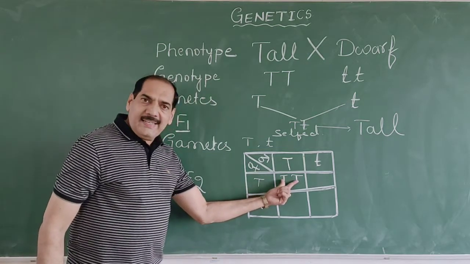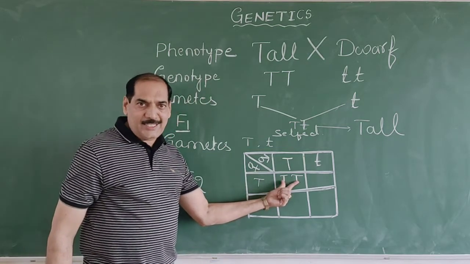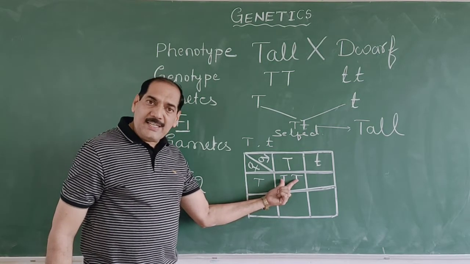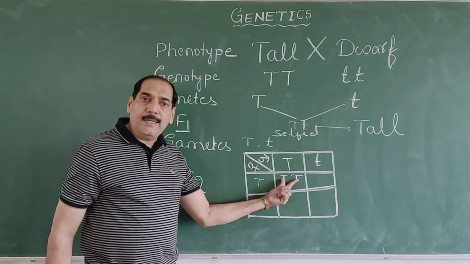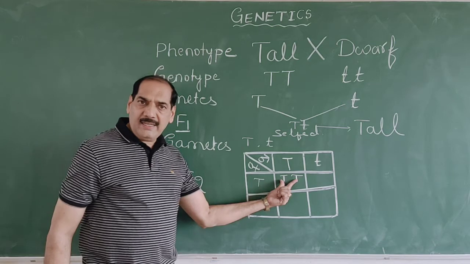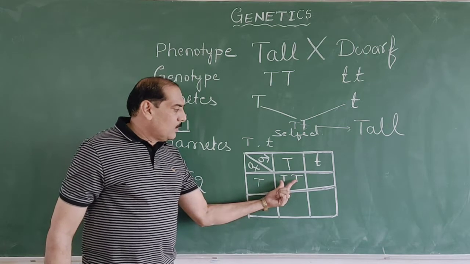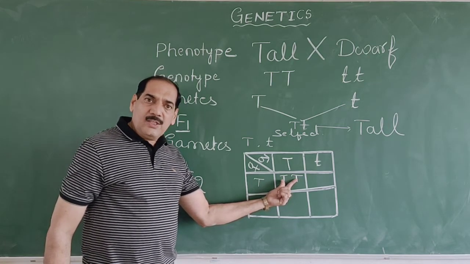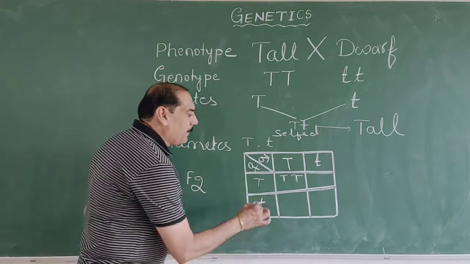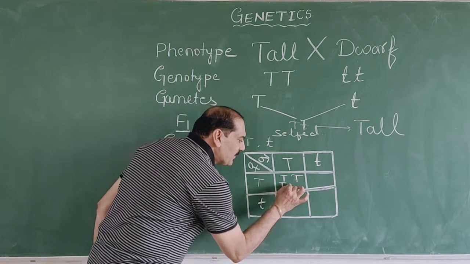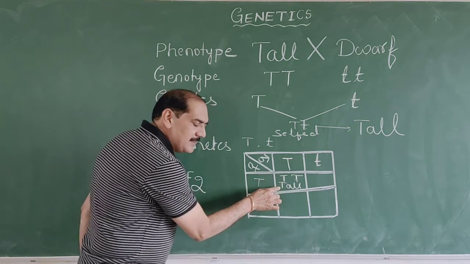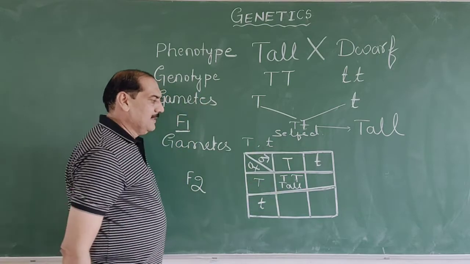What I have written here is the genotype of a progeny. What is the condition of the genotype of the progeny? Homozygous, because the pair of factors are identical. What will be the phenotype? This seed is developed as a tall. This is genotype, this is phenotype.